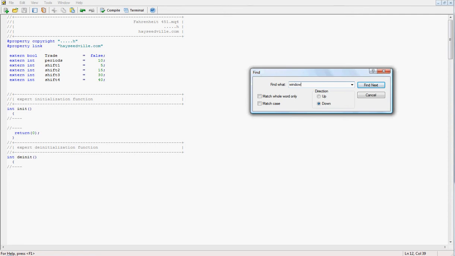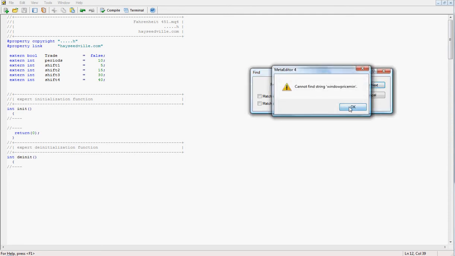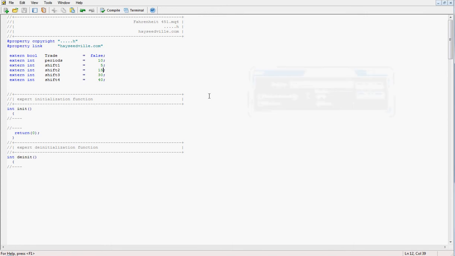Window price max. It ain't in there. Window price min. I'm not using that. Not there. I'm using Pythagorean theorem, or however you say it. And there's no window price max, no pixels, none of that other stuff.